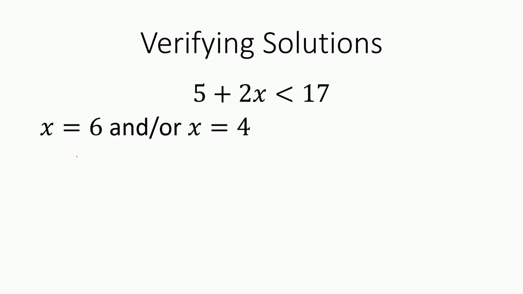So it could be that both 6 and 4 are solutions. We just don't know until we try. So in either case, we're going to substitute the value into the inequality for x and then check to see is it correct.